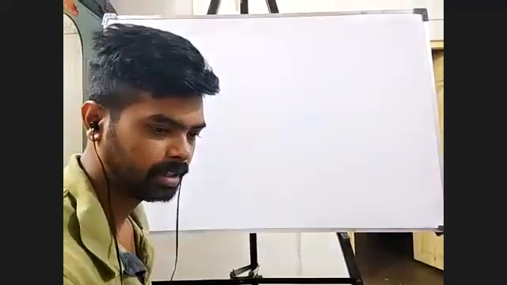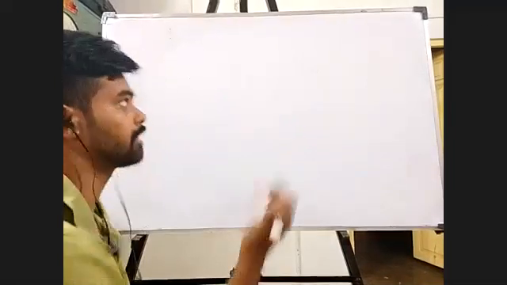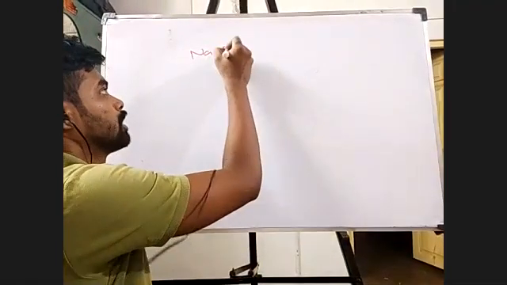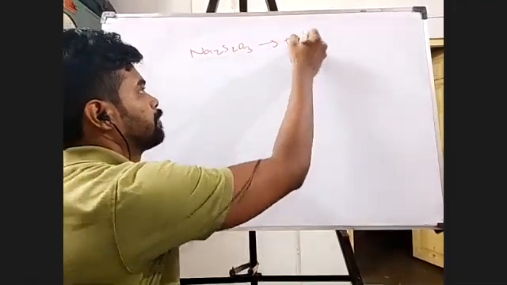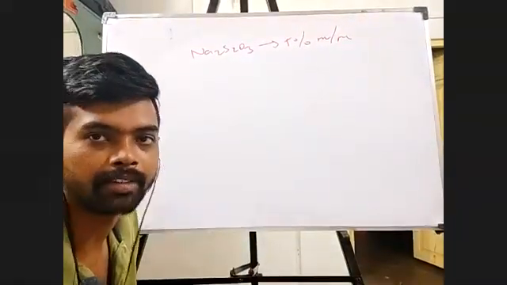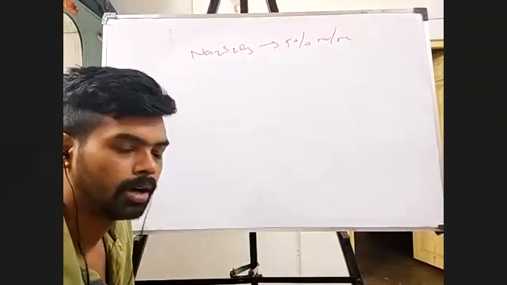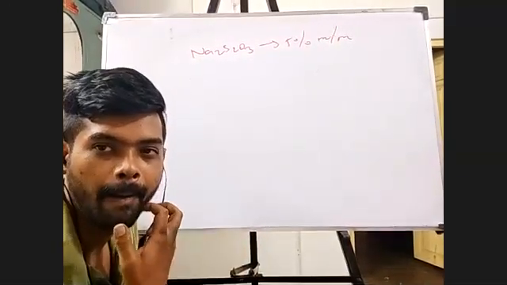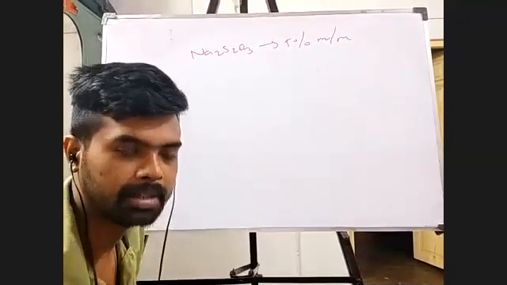Okay. Now, see, they have given Na2S2O3 as a 5% mass by mass solution. Correct? Now, what do you mean by this? Can anyone tell me?